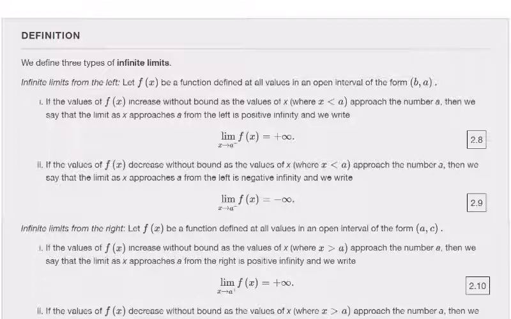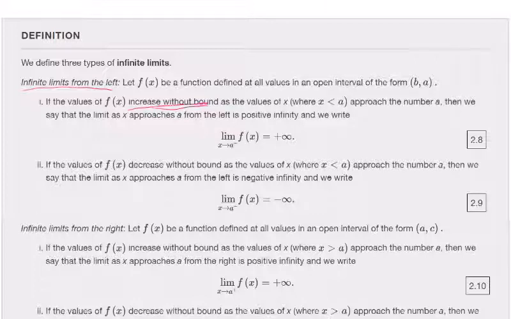An infinite limit is when we have a limit that approaches infinity, or really something without a limit, where it goes up forever, or in the case of negative infinity, goes down forever. If we talk about infinite limits from the left, we're saying the values increase without bound. They go up forever.